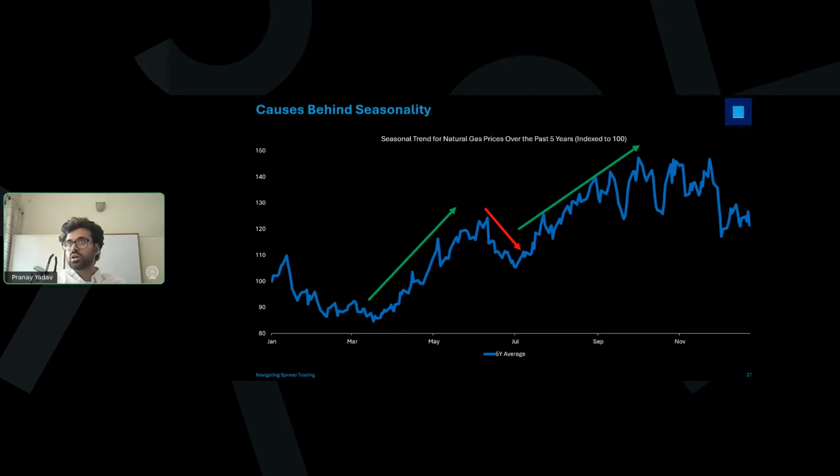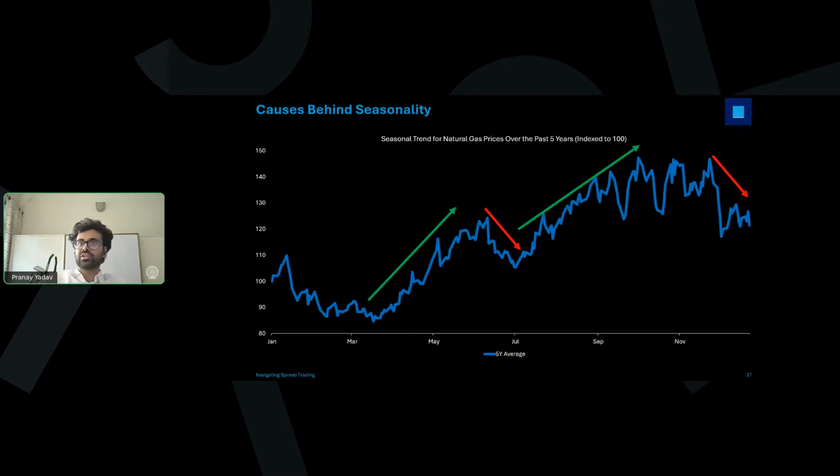In the next part of the year, we can see that prices tend to rise once again. This happens again because demand for natural gas is predictably higher in the winter. Because demand is higher, prices tend to head higher when supply is the same. And then when that supply finally arrives, we can see that prices pull back. So essentially, if I'm to summarize what seasonality is as a whole, it's predictable patterns caused by predictable patterns in consumption and supply.